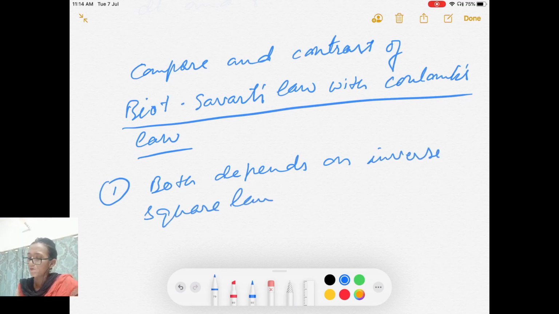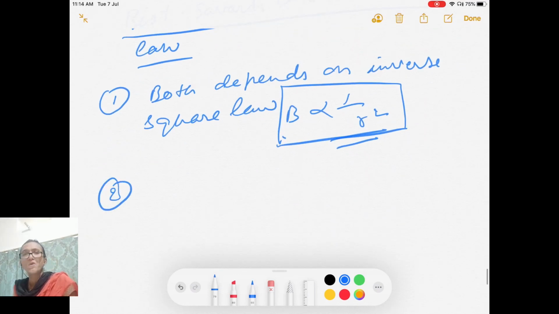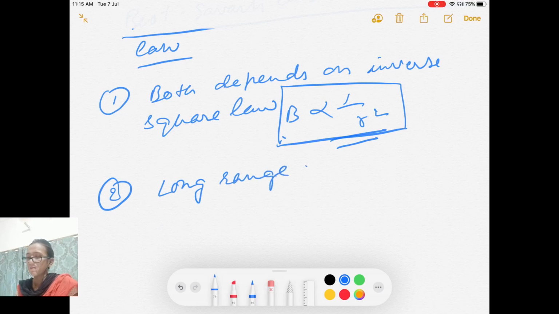Means inversely proportional to square of r. B is inversely proportional to square of r. Since proportionality to inverse square, these things are long range forces. You can feel this force, you can feel this magnetic field from very large distances.